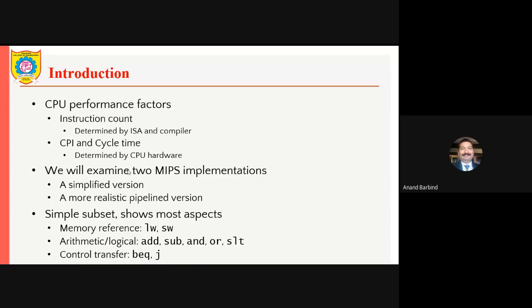I will let you know the long form of SLT. The control transfer instructions like BEQ, that is branch if equal, then J stands for the jump instruction, like that. Very small number of instructions and very simple instructions with a small number of addressing modes.